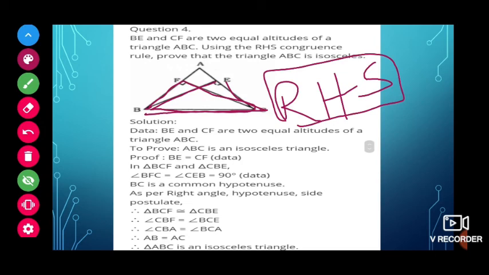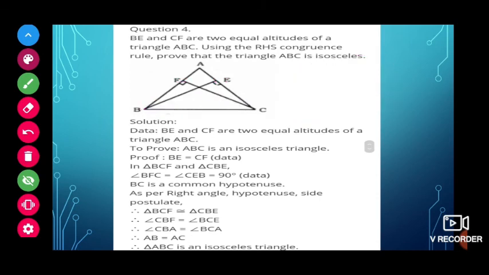So first one, right angle. Yes, angles BFC and CFB, these both are right angles. Then BC is the same common side. This is also equal, that is the hypotenuse. And one more, BE and CF are also equal. So we can say that by using RHS, both triangles are congruent to each other.